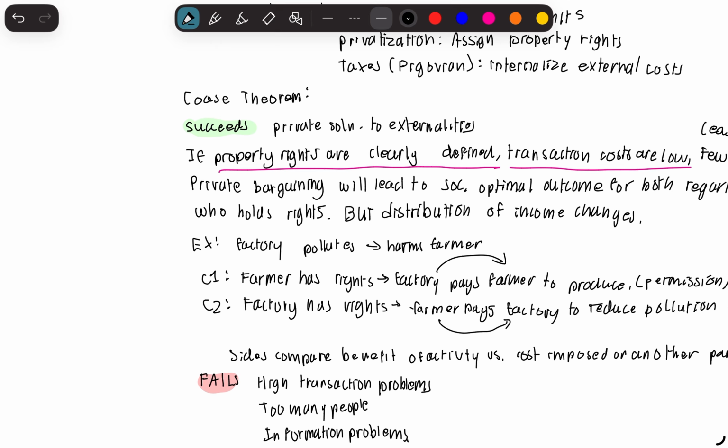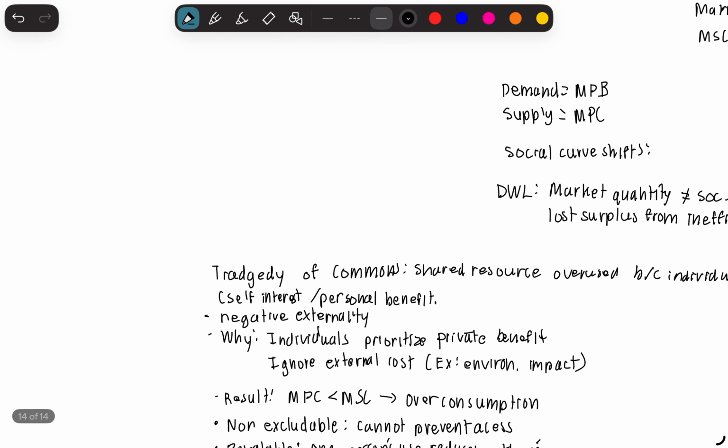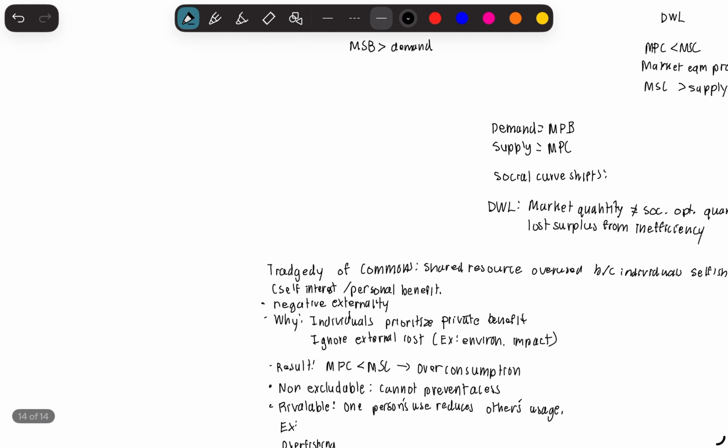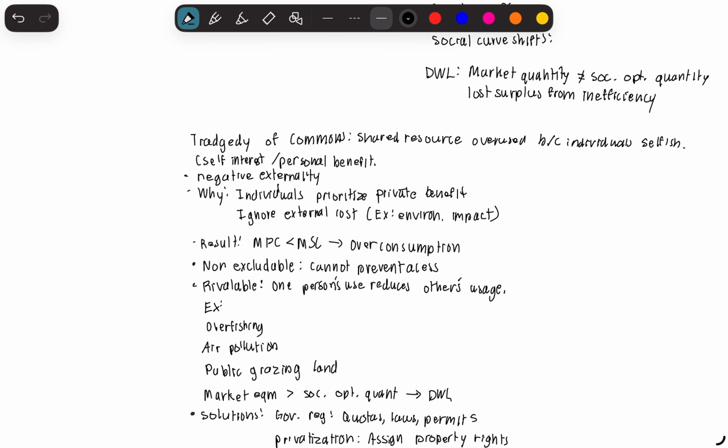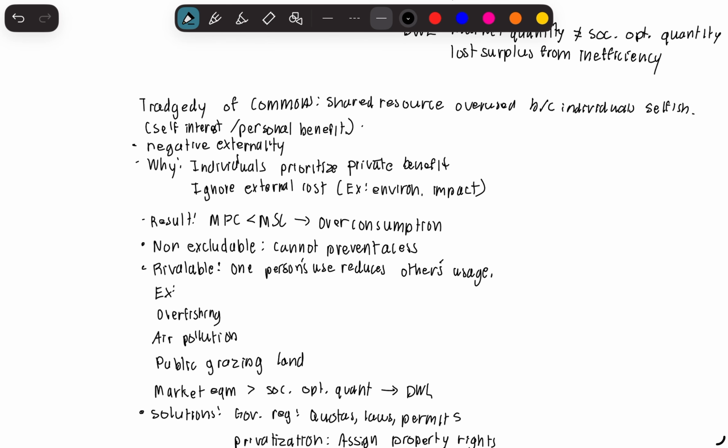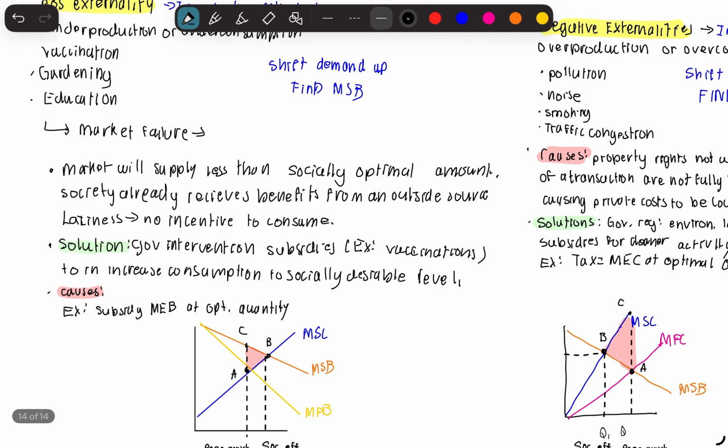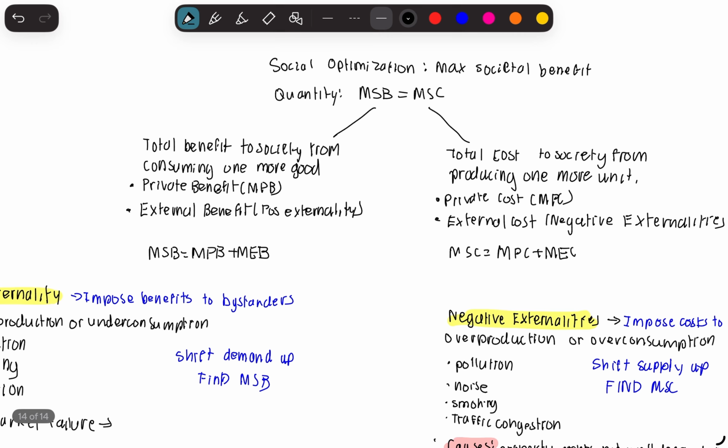Those unintended third-party results that are either a benefit or a cost. Now, tragedy of commons is when you overuse your shared resources. And your social optimization is you want to maximize your social benefit, welfare.